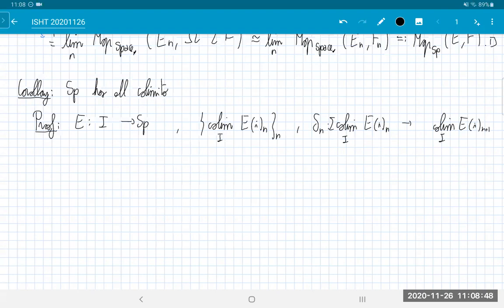And this is not a spectrum anymore. It is just a pre-spectrum.